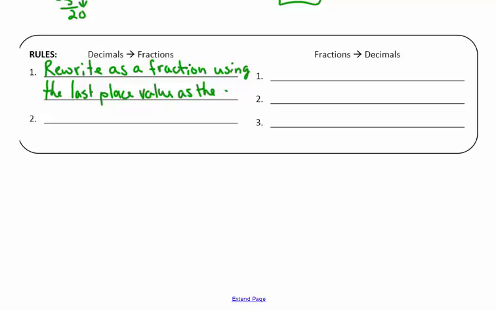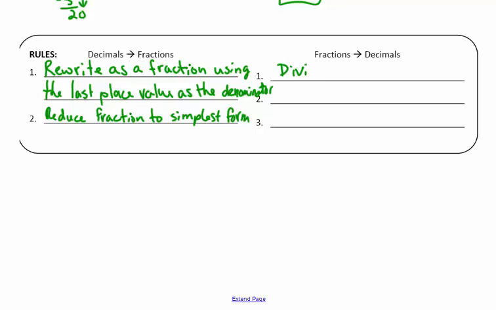So that last place value was the denominator. It was hundredths, and there's 100 on the bottom. Reduce the fraction, change this to simplest form. So that's decimals to fractions. Fractions to decimals is a little different.